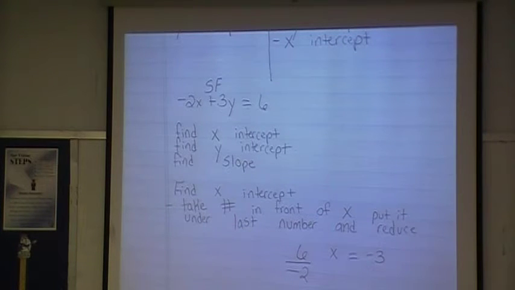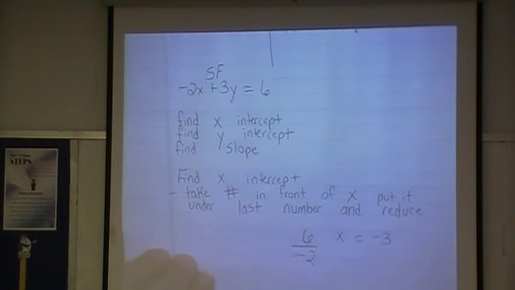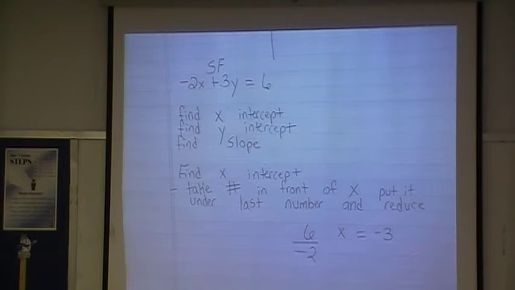To find the x-intercept, you take the number in front of your x, put it underneath your last number and reduce. You're going to do that same concept for the y-intercept.